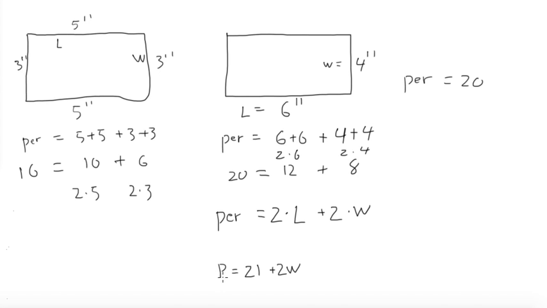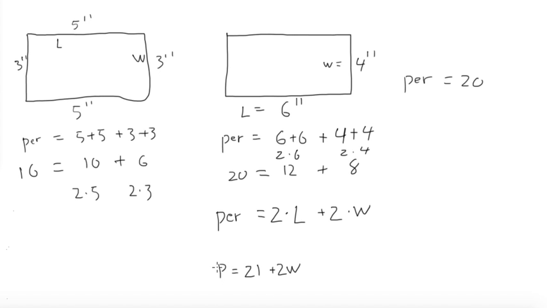So another thing you could say is this perimeter is the output of 2 times length plus 2 times width. And the length and the width could be called the input, okay? And each one of these letters is called a variable because they vary, they change.